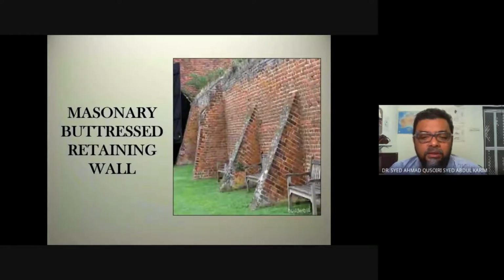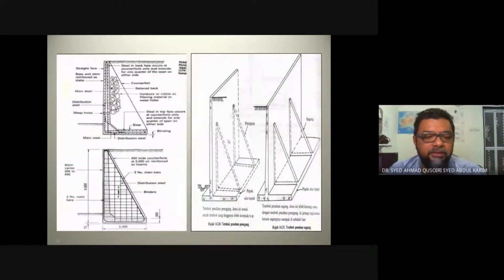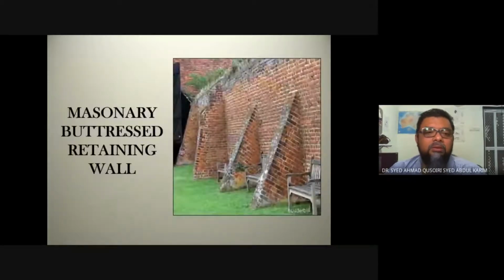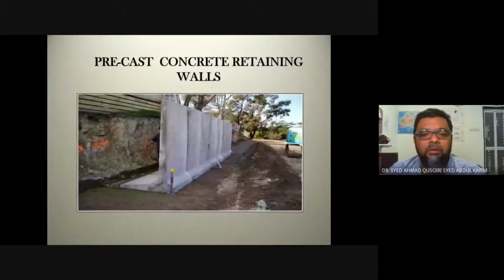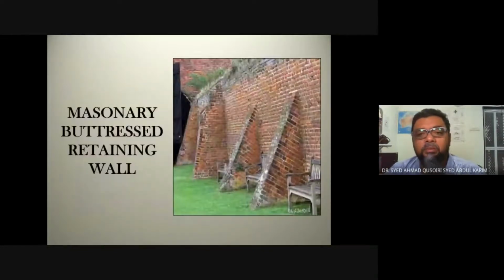Such as this one, you can see the triangle counterfort is at the front. This is a masonry buttress retaining wall. It uses bricks, very hard to find these days.